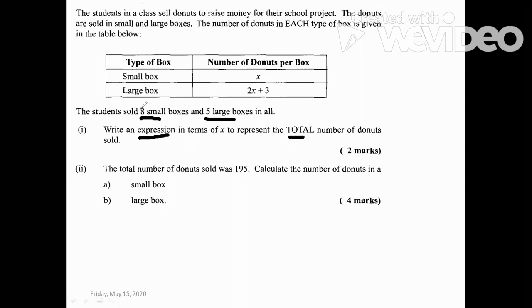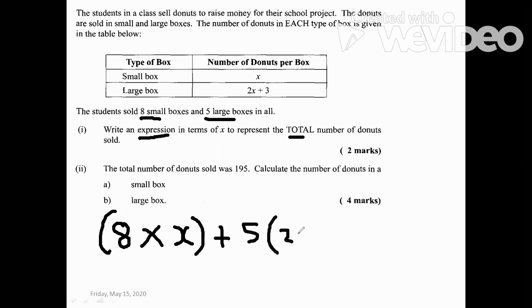All right, so 8 small boxes, and well, if x represents the number of donuts in a small box and you sell 8, it's going to be just 8 multiplied by x. And for 5 large boxes, it's going to be 5 times 2x plus 3.